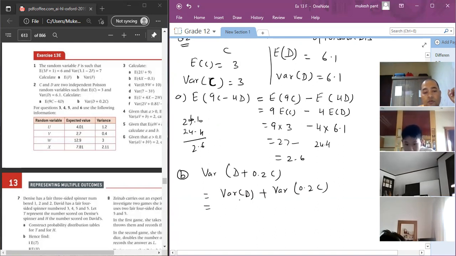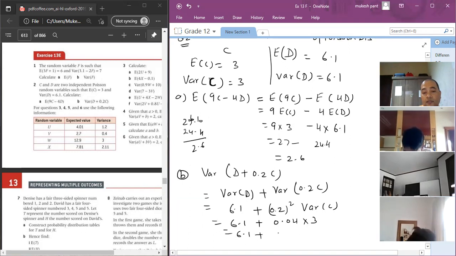We can write the value directly from here: 6.1, and then 0.2 its whole square times the variance of C. So 6.1, and this becomes 0.04 times the variance of C, which is 3. So this is 6.1 plus 0.12. When we add, we get 6.22.